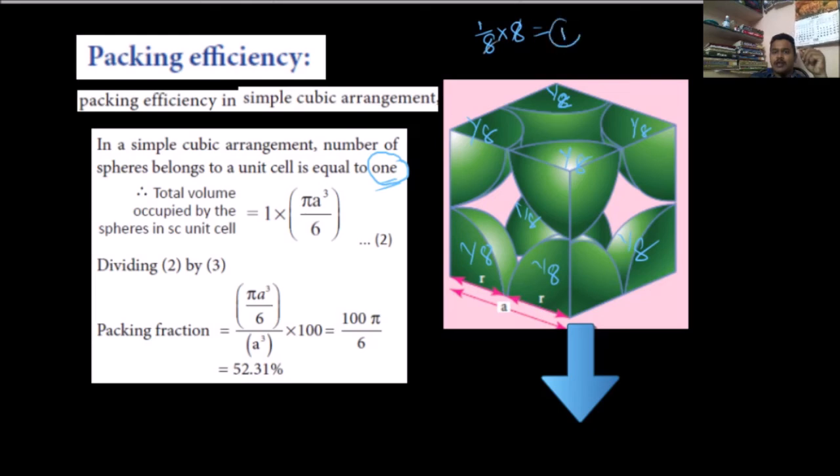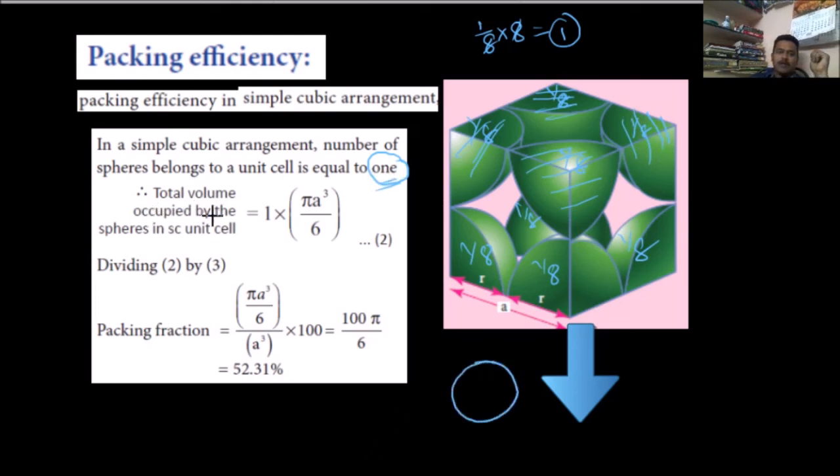So all these small corner pieces, including the 4 small pieces below, combined make one big sphere. That is what 1 is.